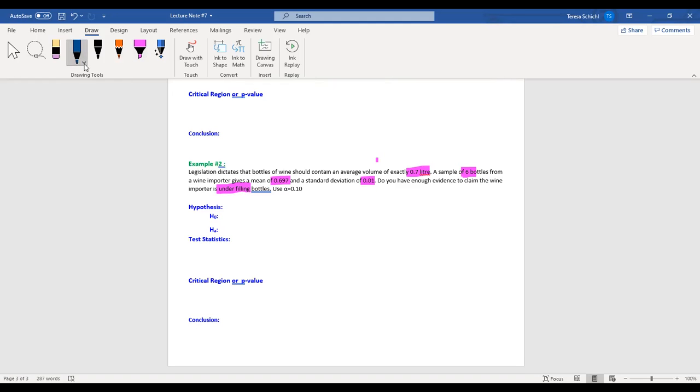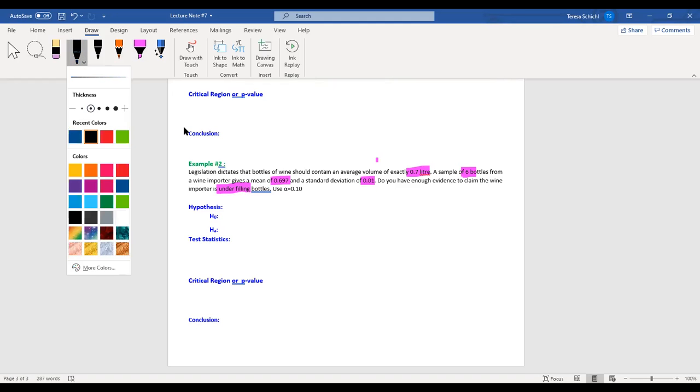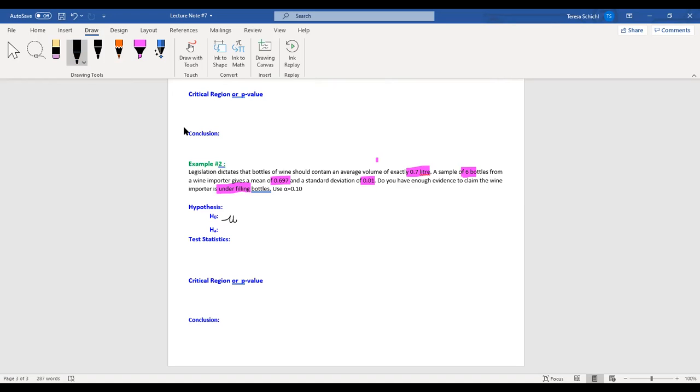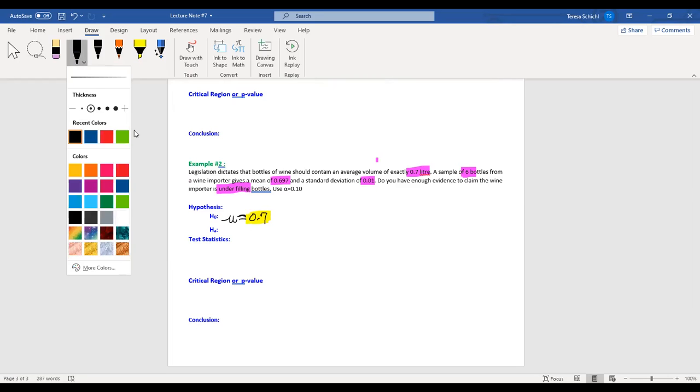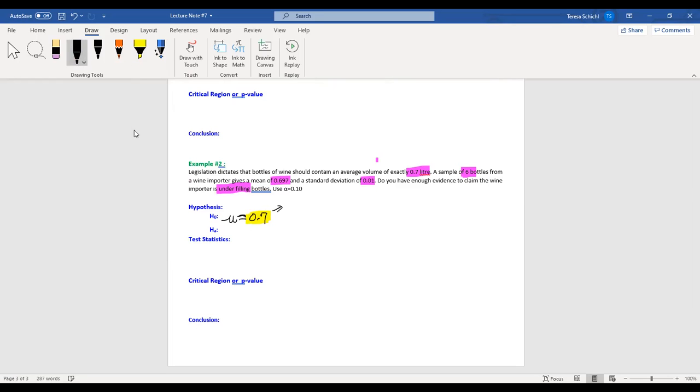Okay, so just like we did before, let's try to write it down. What do we try to test? My null hypothesis here is that the average is 0.7 liters, correct? This 0.7 is my mu zero.